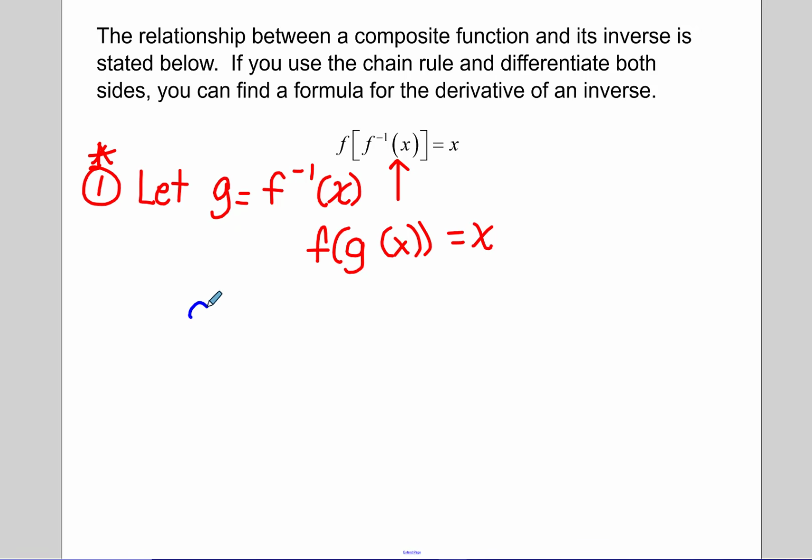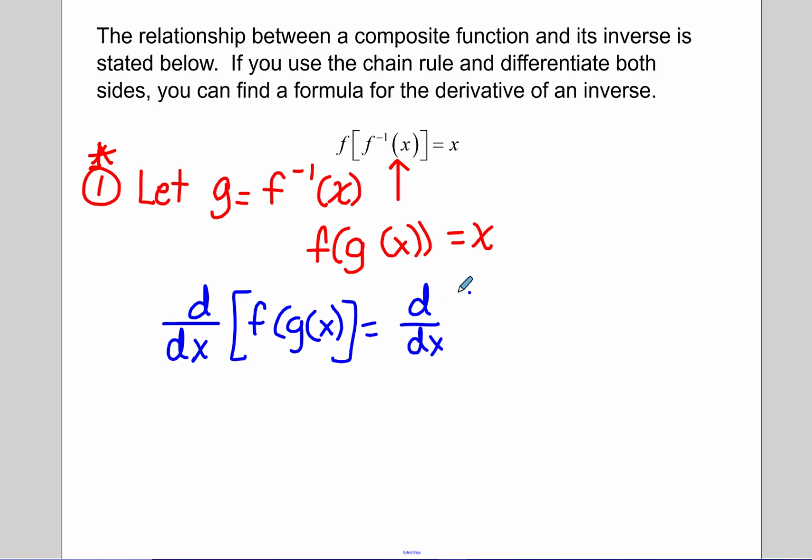And if we take the derivative with respect to x of both sides, that would look like that. And this is the composition. So my derivative uses the chain rule, f prime, holding g constant, times g prime.